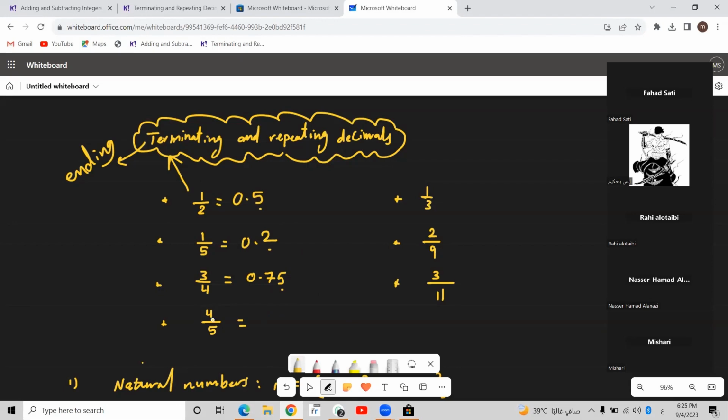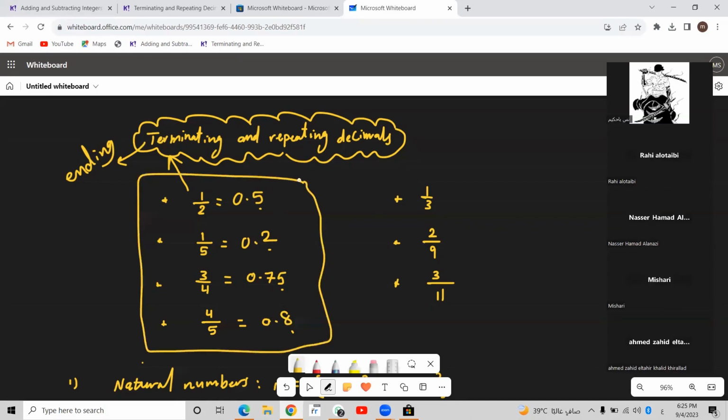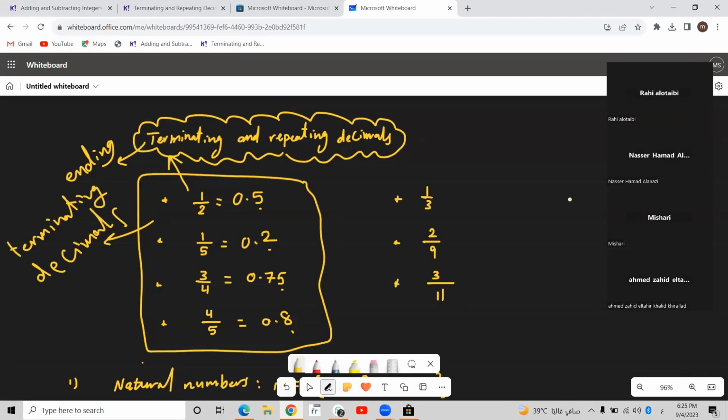This one too, 4 out of 5, it's 0.8. It has an end. So all this column terminates. These are terminating decimals. Okay, let's go to the other part.